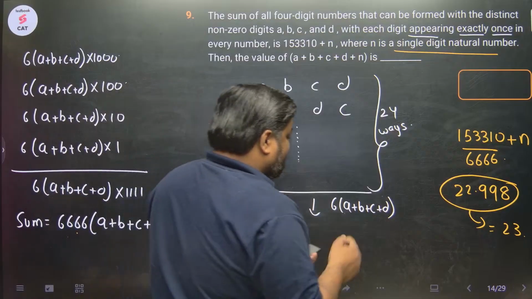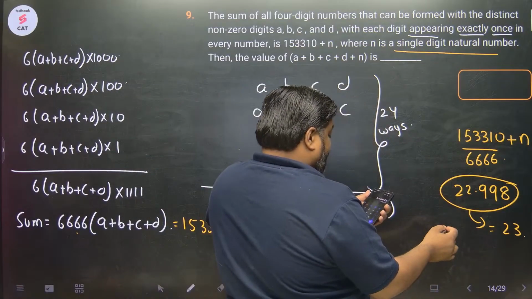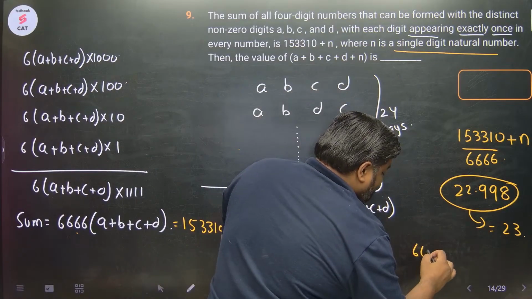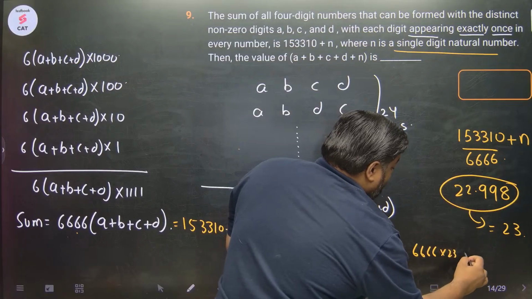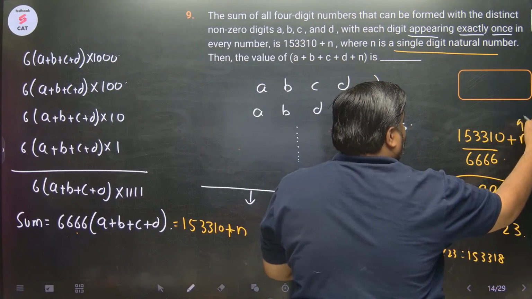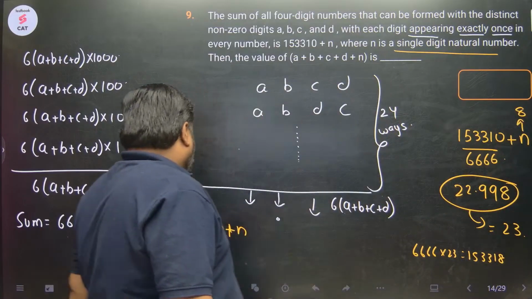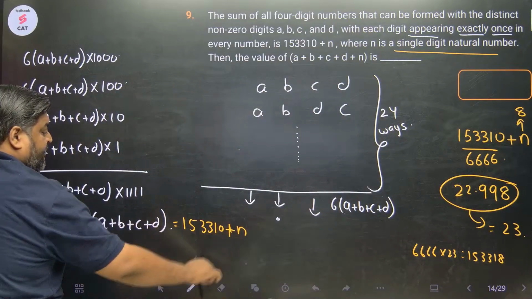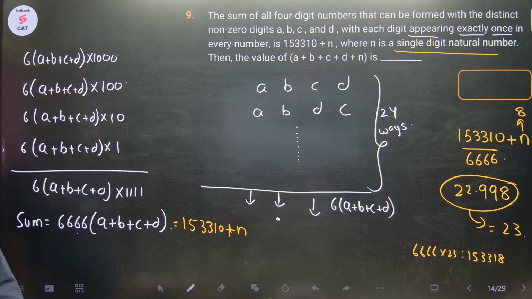So 6666 into 23 is 153318, which means if n is 8, अगर n को 8 पुट कर दिया, तो this is exactly divisible.